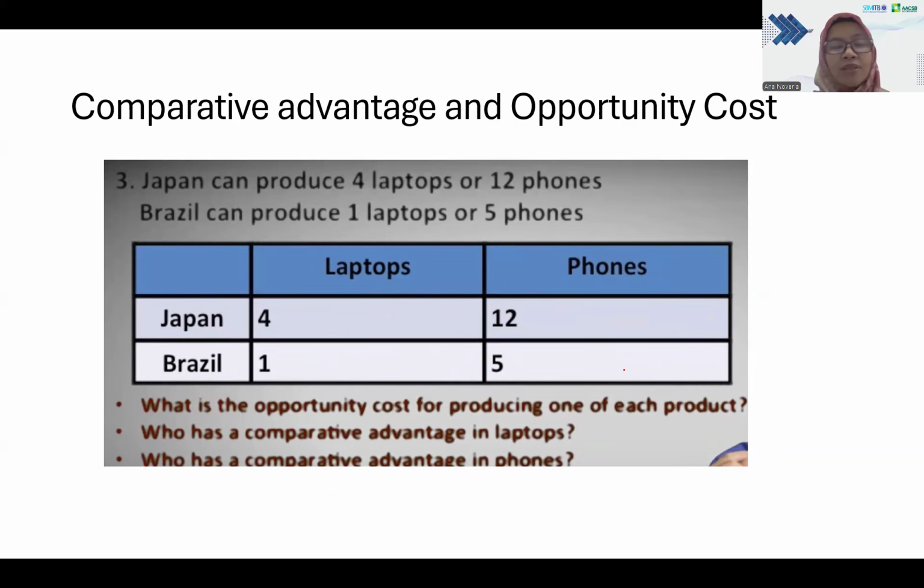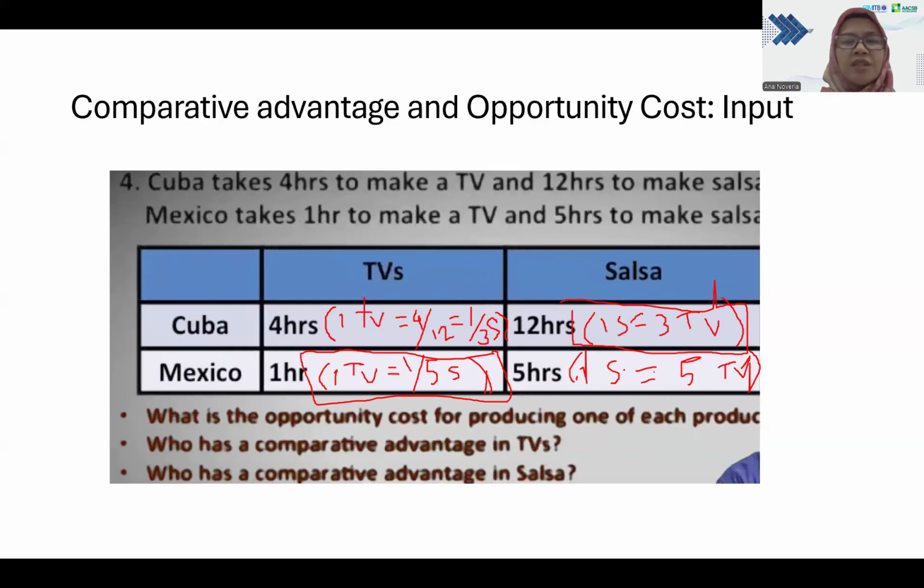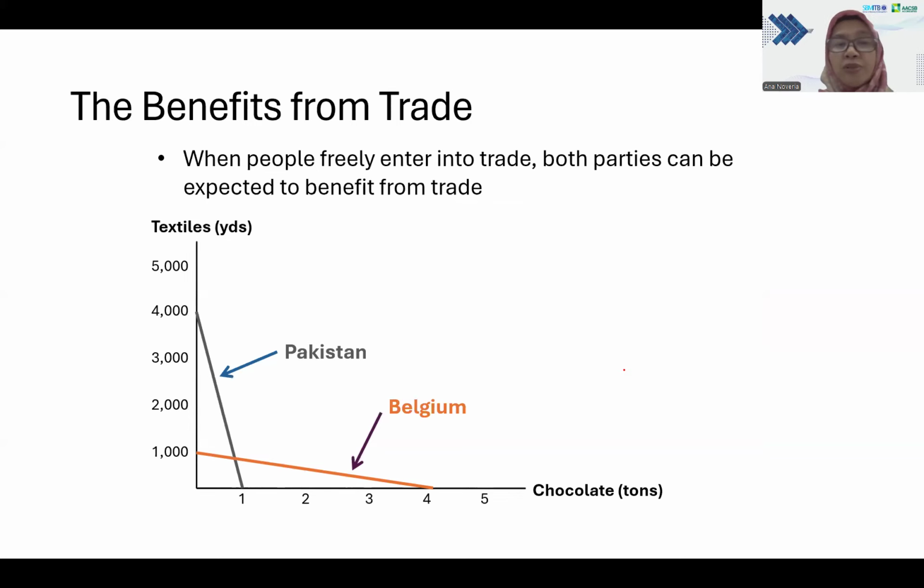Although in this exercise, in terms of absolute advantage, Japan produced both laptops and phones better than Brazil, due to comparative advantage they can still get mutual benefit from trade. So when people freely enter trade, both parties can benefit.